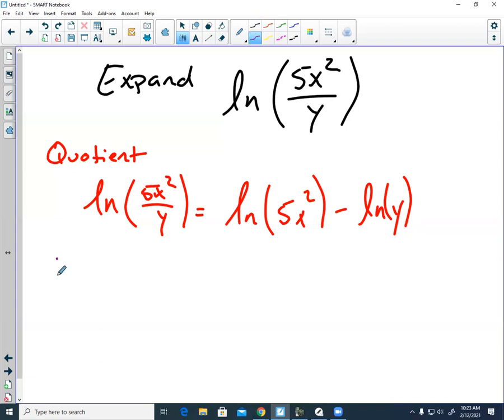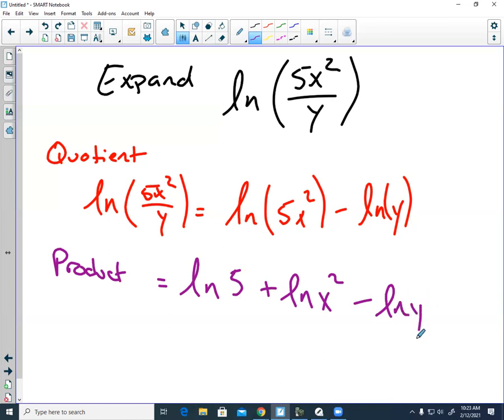So I'm going to use the product property, which means that this thing right here will turn into ln of 5 plus ln of x squared minus ln of y. So you see how I just broke down that multiplication? So I'm just working backwards as I go through these.